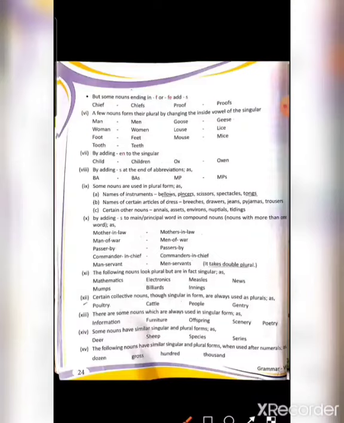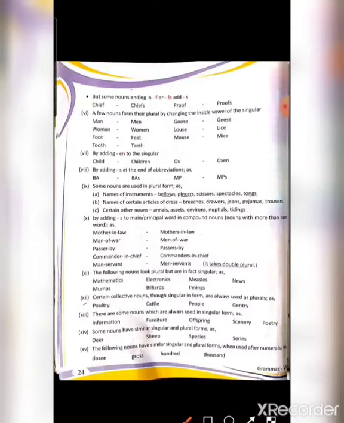Next, 14th point: some nouns have similar singular and plural forms. These words look the same in both singular and plural, like deer, sheep, species, series. Next, the following nouns have similar singular and plural forms when used after numerals.